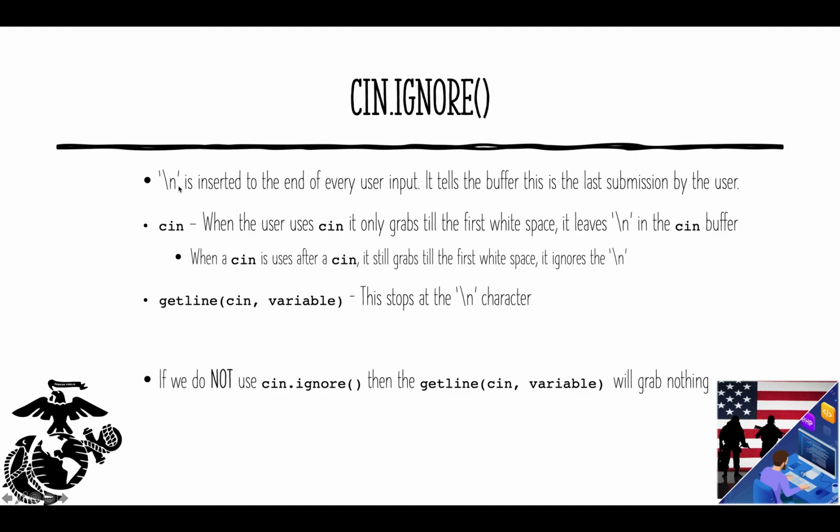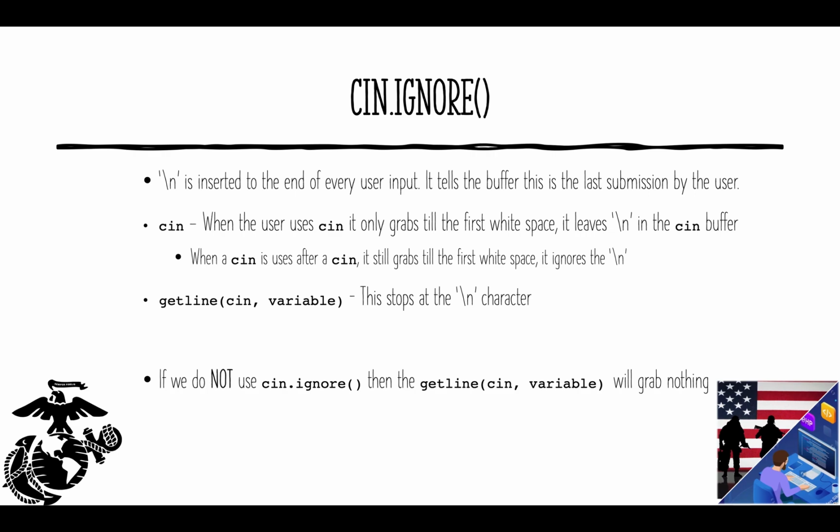The cin feature does not grab the new line character because it stops at the first white space, and the white space exists before the new line character comes in. So the cin will grab everything before the new line character, and it will leave this new line character in what's called the buffer. The buffer is going to be all of the inputs. Think of it like a long line of inputs.